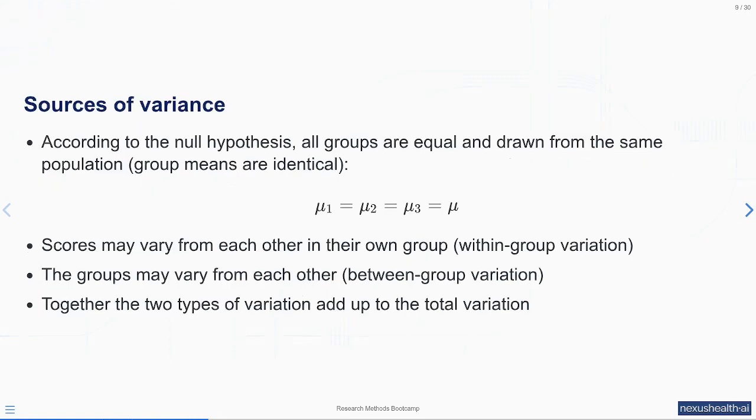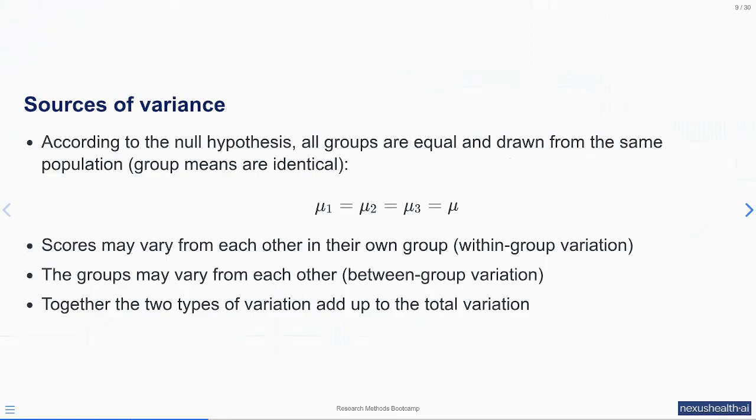What are the sources of variance that we can encounter? According to our null hypothesis, all the groups are equal and they are drawn from the same population. That is to say, the group means are identical. Scores may vary from each other in their own group, and this is known as within group variation.